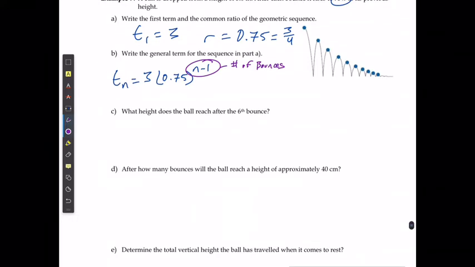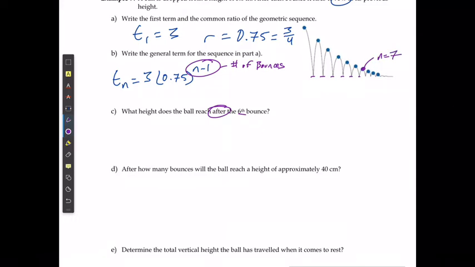That's where it gets tricky here, where it says, what height does the ball reach after the 6th bounce? I'm not actually solving for n equals 6. After the 6th bounce, well, here's 1, 2, 3, 4, 5, 6. And here's where it bounces back up to. That's actually the 7th term.